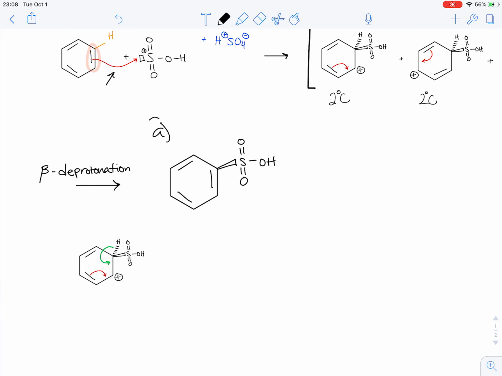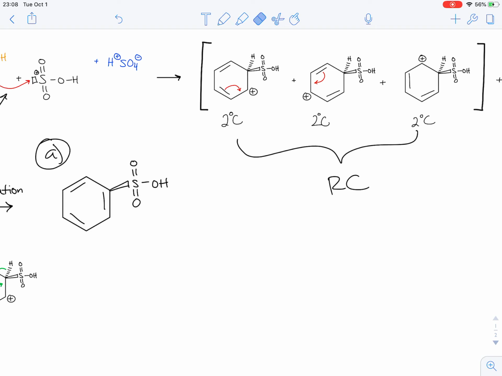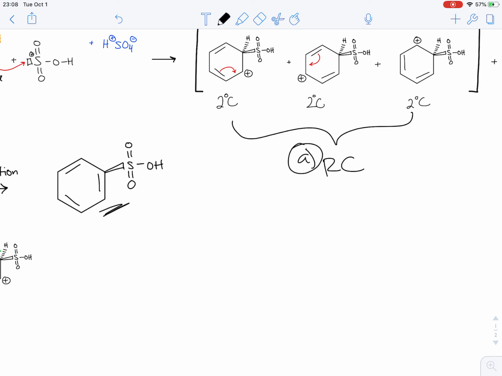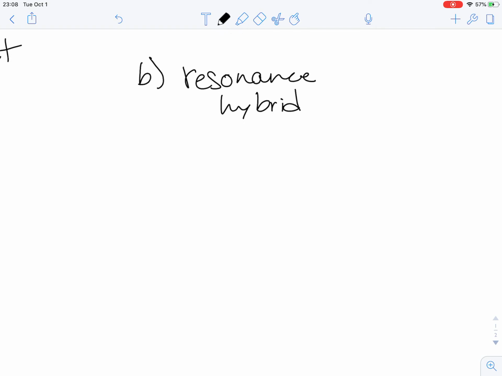This is the answer for A, which I'm like 99% sure. That's what he's talking about, resonance contributors. Actually, this isn't necessarily your answer for letter A. This is just your product. And then for B, resonance hybrid, I'm writing fast now because I think you're getting bored.